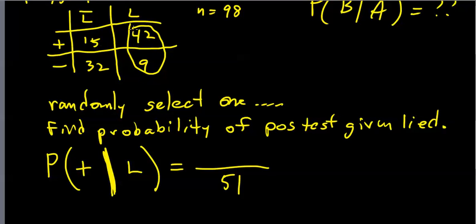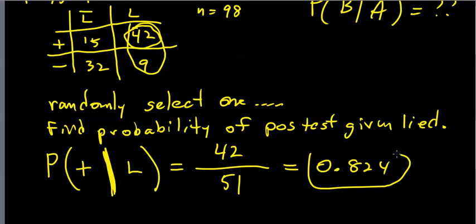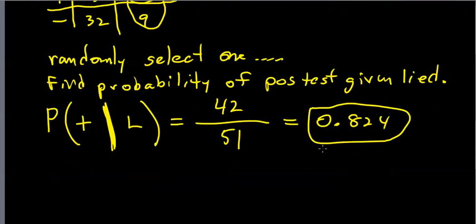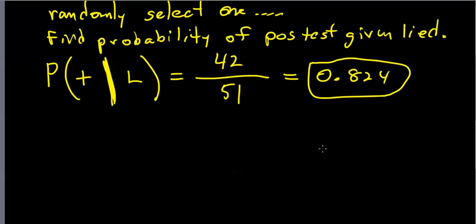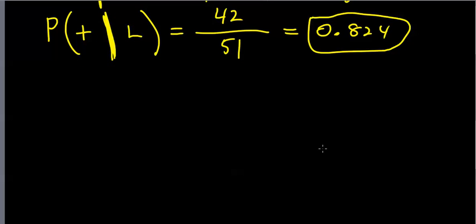Well, we can see that 42 of those subjects were actually caught by the machine, and if I punch that out, I get a decimal response of 0.824. So assuming that you're lying, the probability of getting caught is about 82%. Seems somewhat low, and certainly you'd hope for something greater than that in a lie detector scenario.